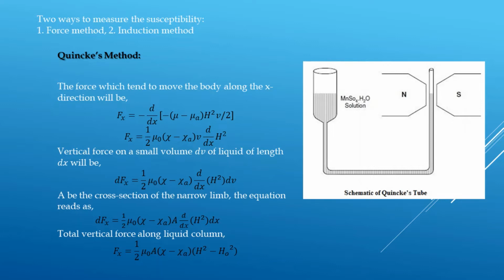And the other arm has a greater diameter. The material taken in this experiment is MnSO4 solution. Suppose the solution has a permeability mu and it is placed in air. The permeability of the surrounding material is mu A.